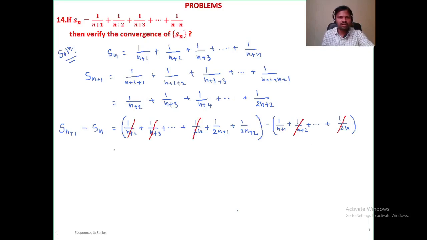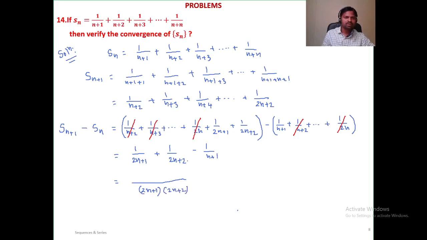So finally I will get 1 by 2n plus 1 and plus 1 by 2n plus 2, these are from the first bracket, and from the second bracket minus 1 by n plus 1. So these three terms are left after cancelling out the similar terms. Then take the LCM. What will be the LCM? 2n plus 1 into 2n plus 2 will be the LCM, because this is 2 into n plus 1, and already this is n plus 1, that's why. Then simplify this.